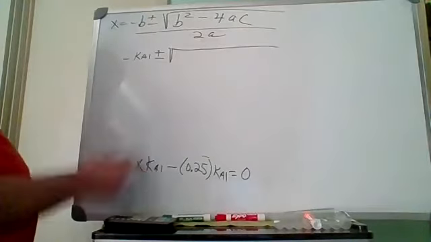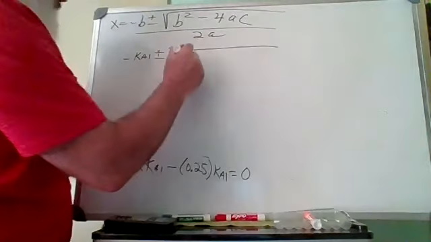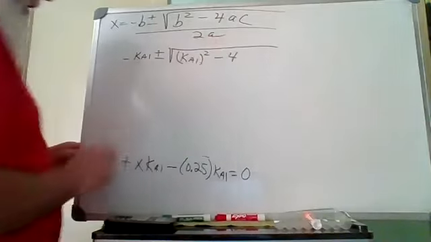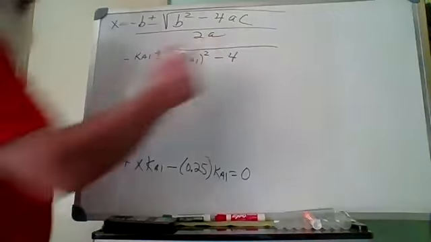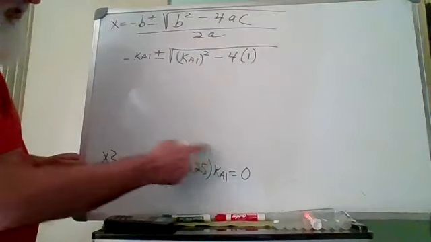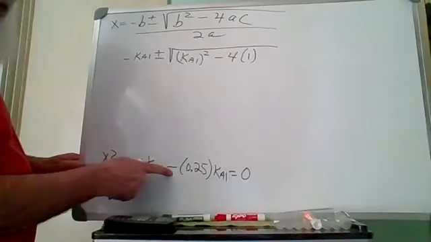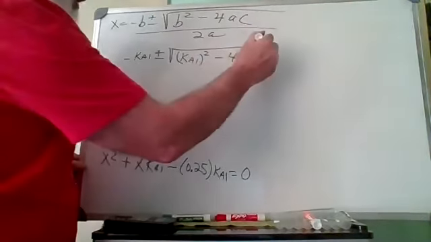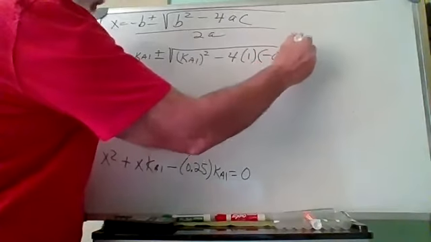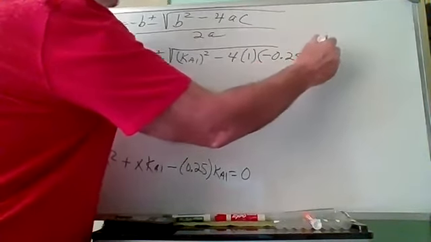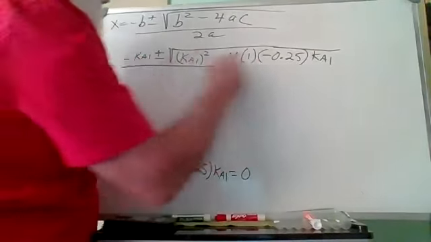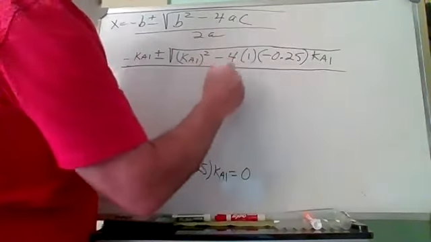Again, B is Ka1. So Ka1 squared minus 4 times A, which is 1, the coefficient on X squared, times C. C is this whole thing right here, and it's negative. So C is negative 0.25 times Ka1, all over twice A, but A is 1.